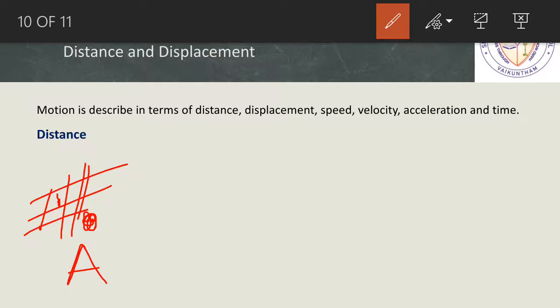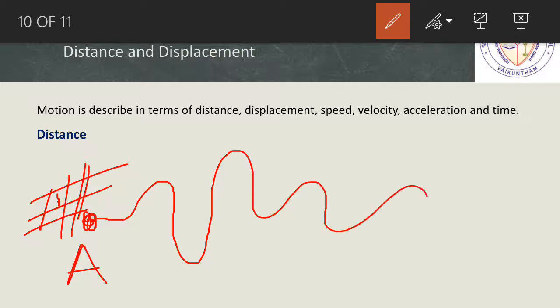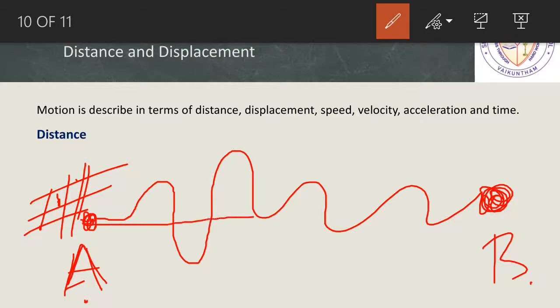What will all children do? We will not go straight into the class. We will go like this, like this, like this, and finally we reach our classroom from the gate. So this gate is called point A, the classroom is called point B. We never go straight to our class, right? No, we will never do it.